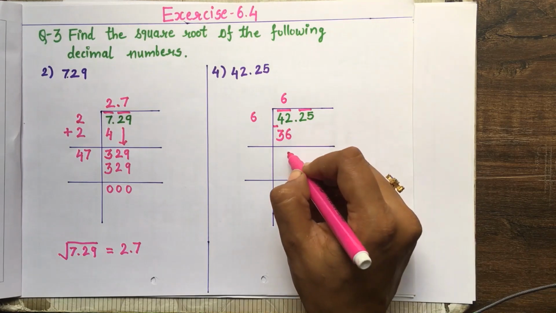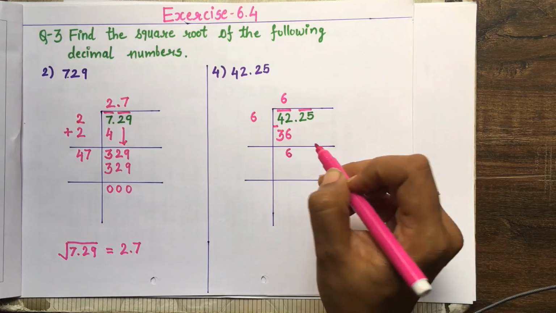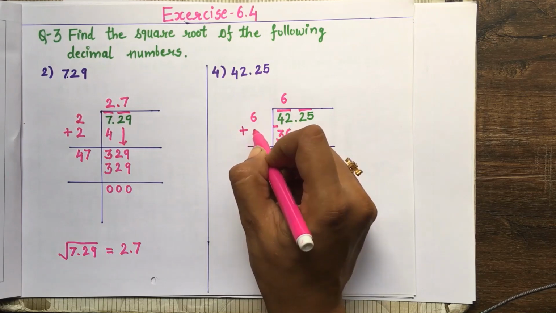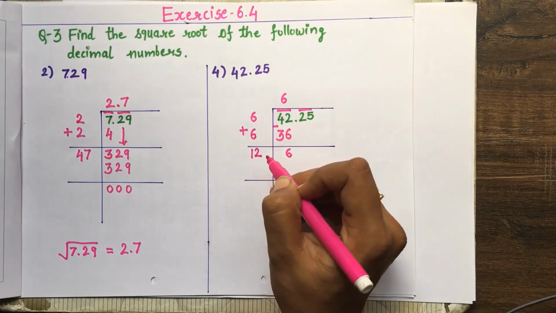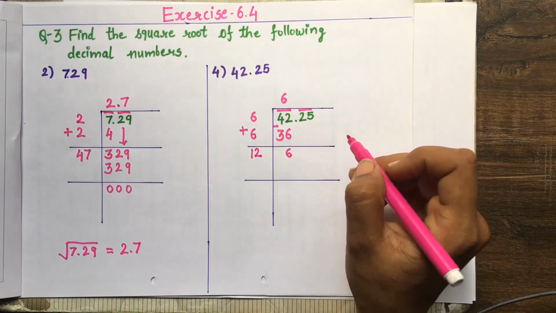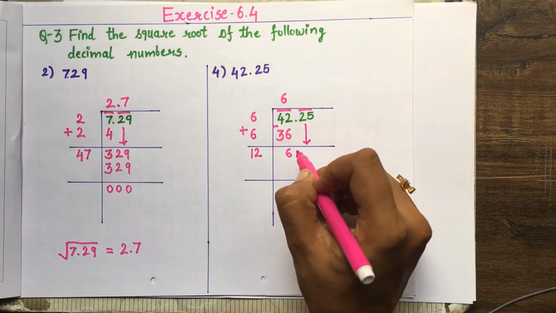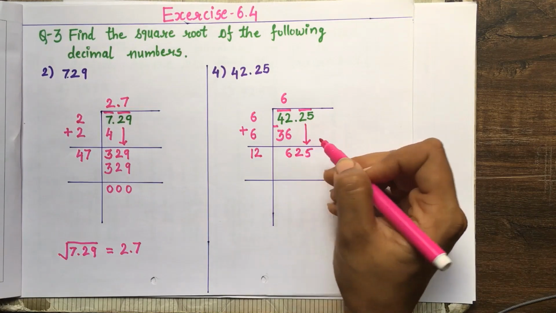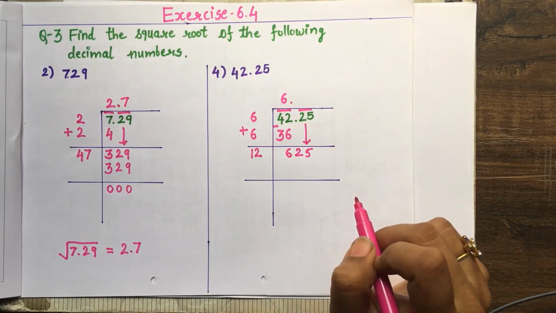So we are left with 6 over here. Again we add this 6 to this 6, and the sum will be 12. Now we bring this decimal part, 25, down, and because we are now proceeding with the decimal part, we put the decimal point in the quotient.